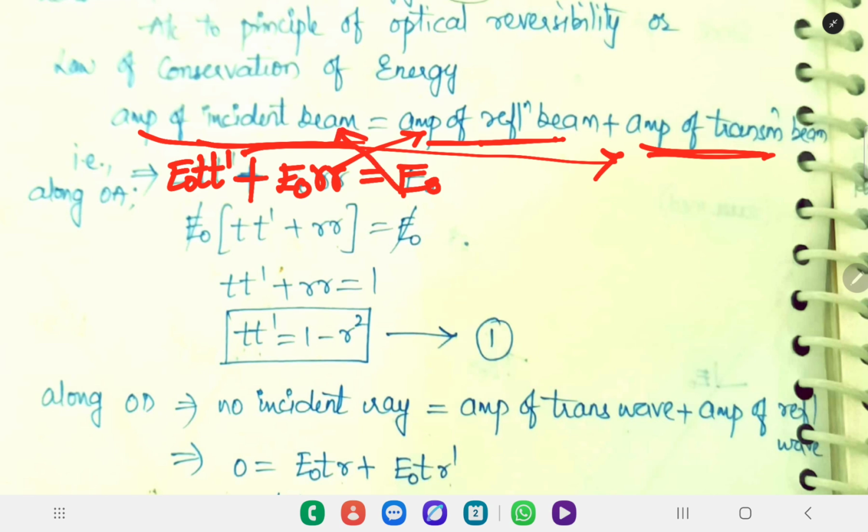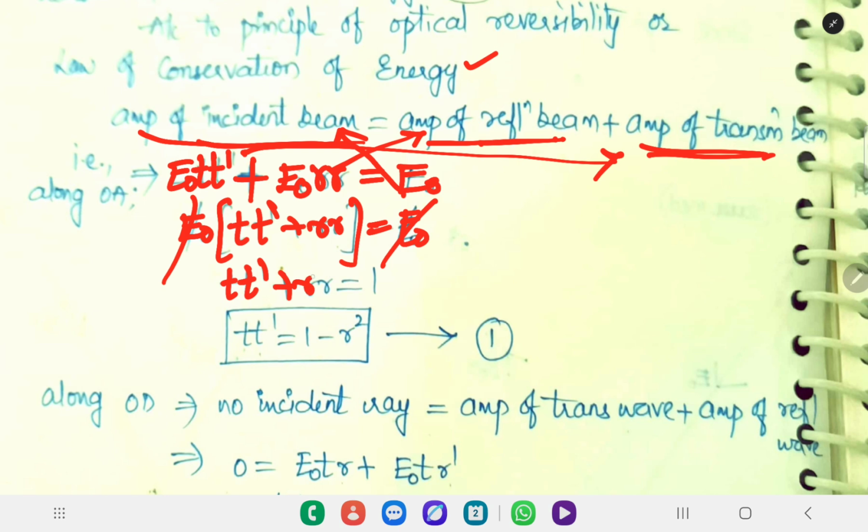That should be equal because of the law of conservation of energy. Taking E0 common, T T dash plus R is equal to 1, so T dash is equal to 1 minus R square. Let this be equation number 1. Okay, understood?